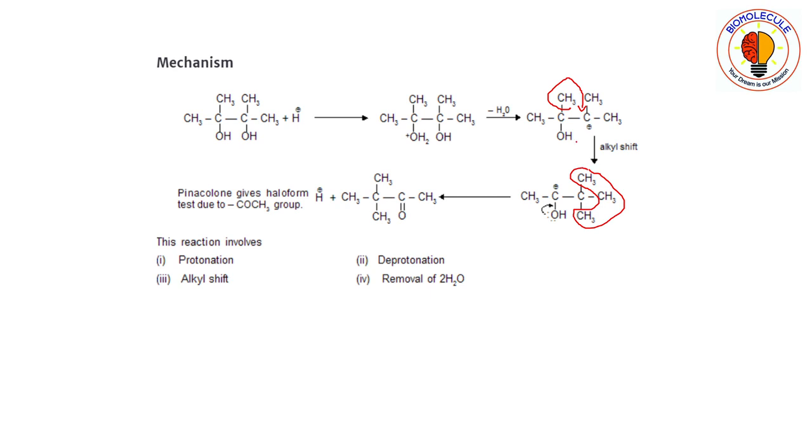Now, in your mind, one question may arise: why does this shift occur, since beforehand there was a carbocation and now also there is another carbocation? What is the use of this shift if we are ending up with a carbocation only? Why is this 1,2 alkyl shift happening?